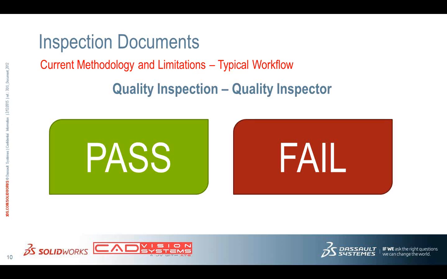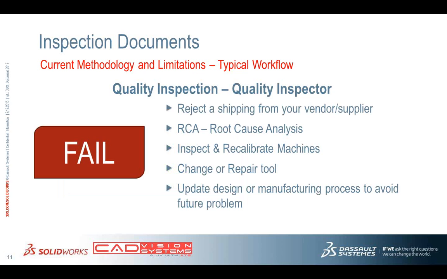If there are multiple dimensions that are not within the acceptable range, the manufactured products may have failed the inspection process. When this happens, what can we do? A few steps can be taken. Rejection of a shipment from your vendor or supplier can be performed.